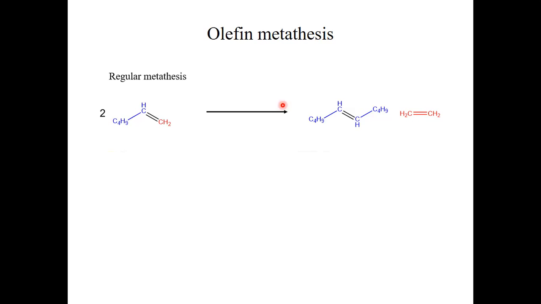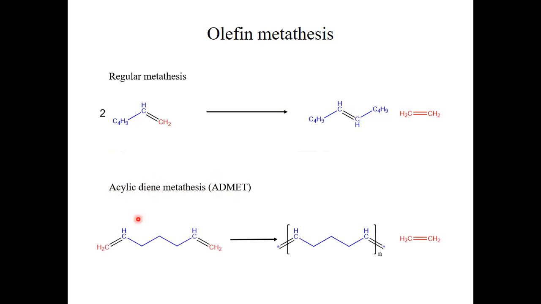So there are other variations of the theme possible. One variation is called acyclic diene metathesis, also called ADMET, which is a reaction that produces polymers from terminal dienes. Here is an example. Here we have a diene with 1, 2, 3, 4, 5, 6, 7 carbon atoms, and you see that both carbon-carbon double bonds are at the end of the molecule.